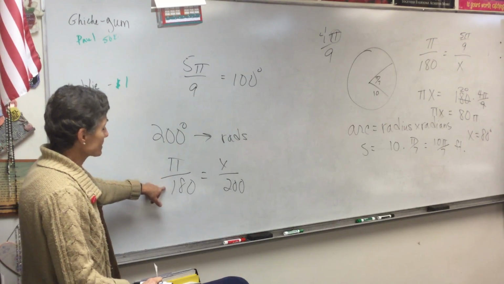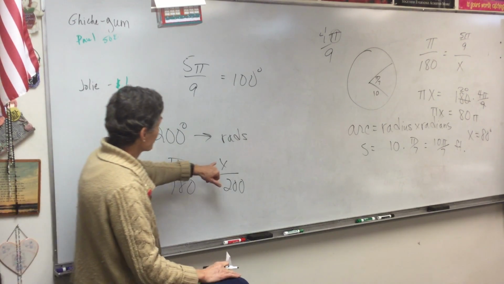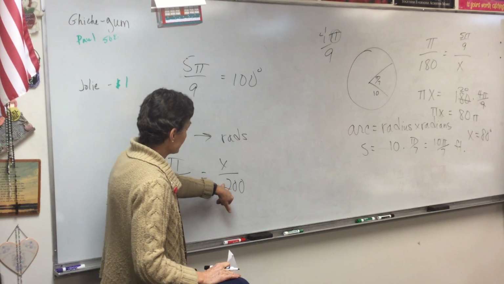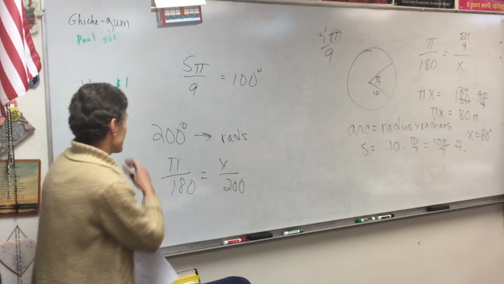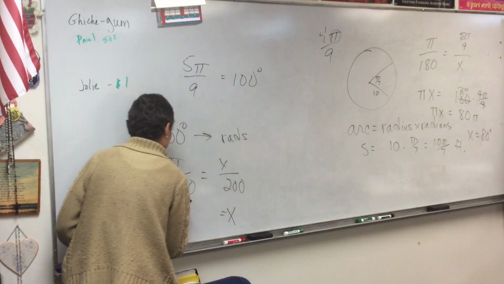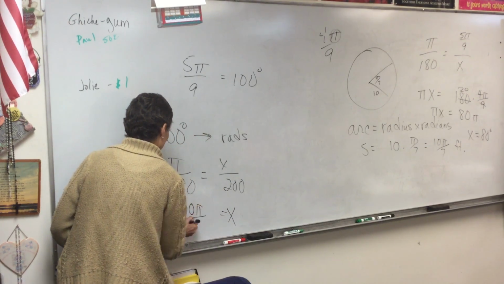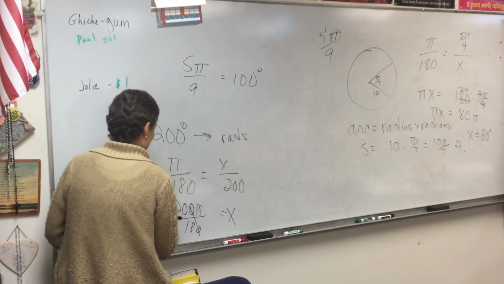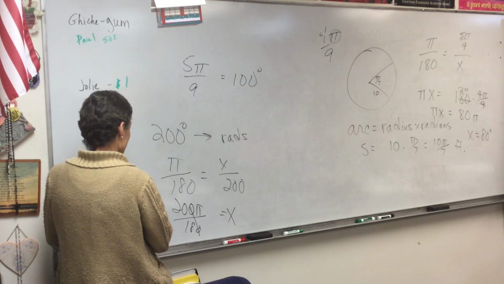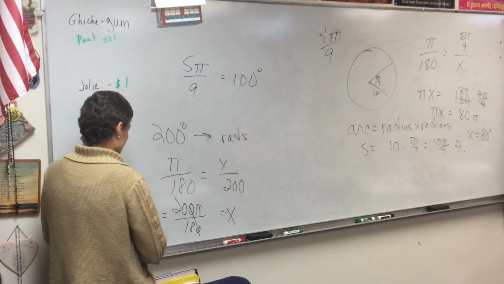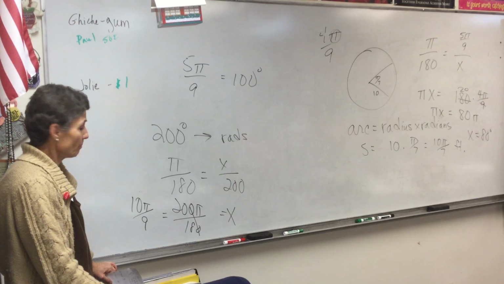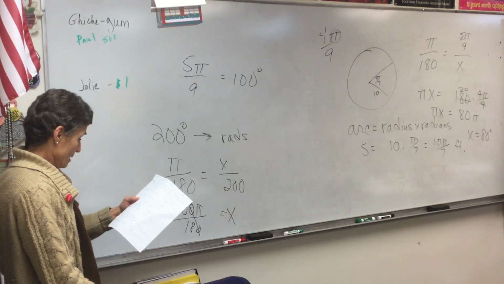Pi radians is 180 degrees. X radians is 200 degrees. So, multiplying, I get 200 pi over 180. That is what? 10 pi over 9? So the answer is 10 pi over 9.